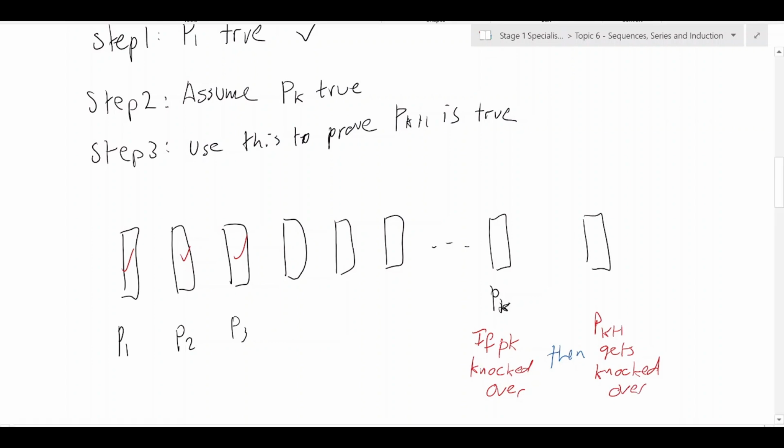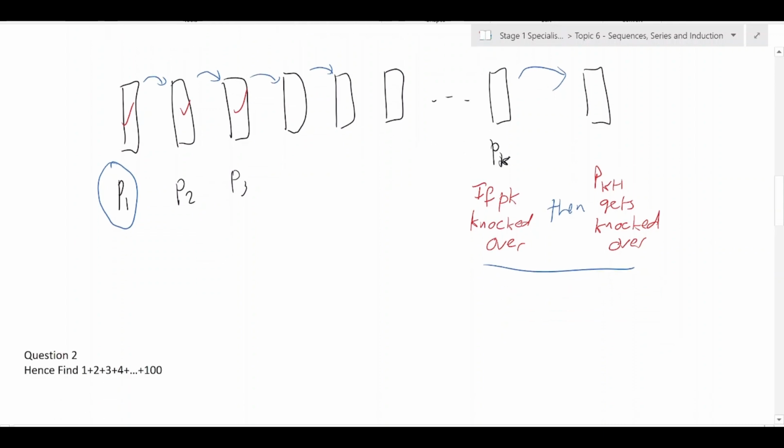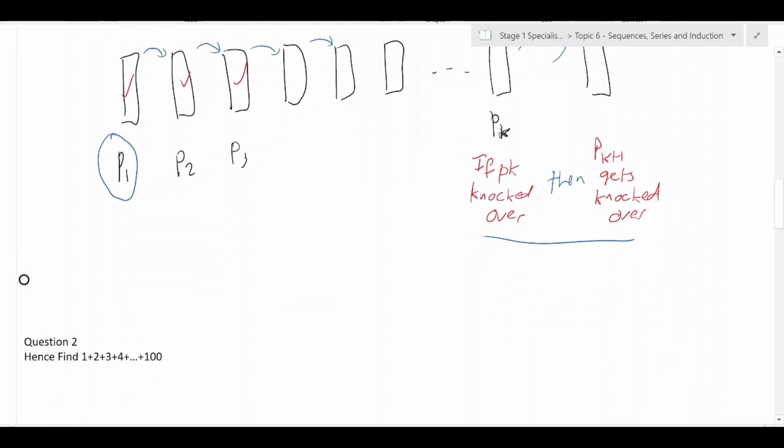And if you've ever set up a bunch of dominoes, you'll know that this would cause the whole stack to knock over. Because if we have these two things being true, then if we have P1 being true, then this statement here would make sure P2 gets knocked over. Then P2 is true, so P3 gets knocked over. Then P4, then P5, all the way up to P infinity. So that is how we're going to prove it.